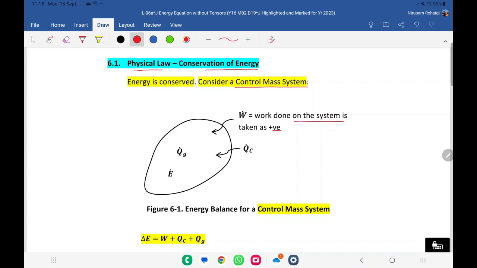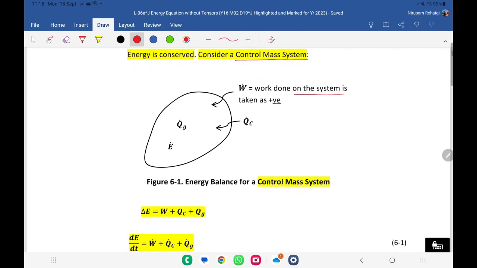It is up to us. There is nothing special about it. It is a question of convenience. Now this is our control mass. As I told you, it has flexible but impervious boundaries. Why flexible?